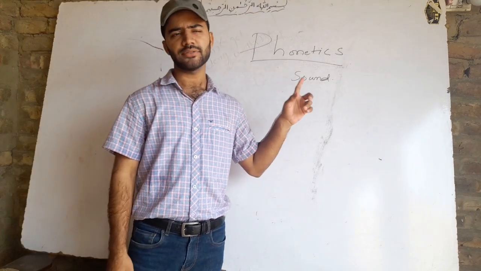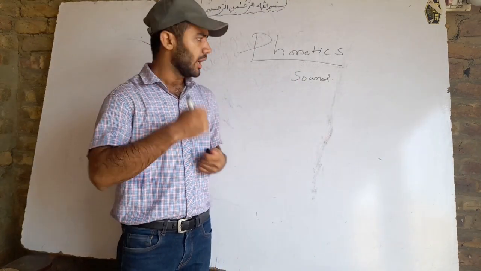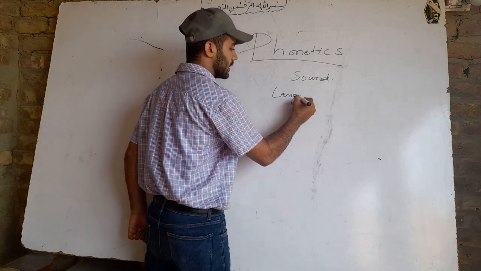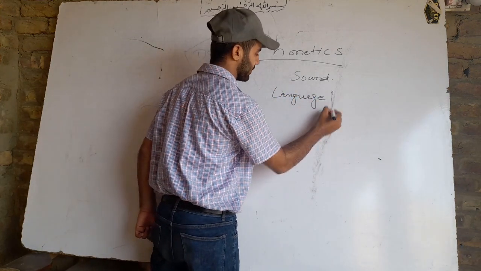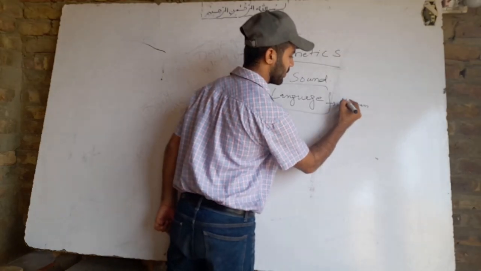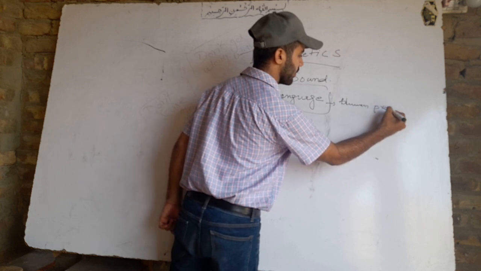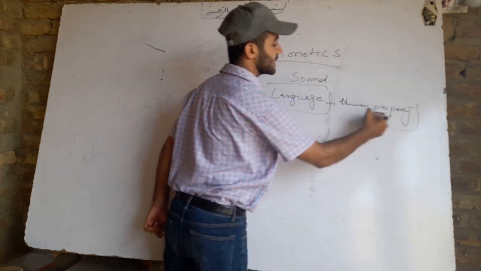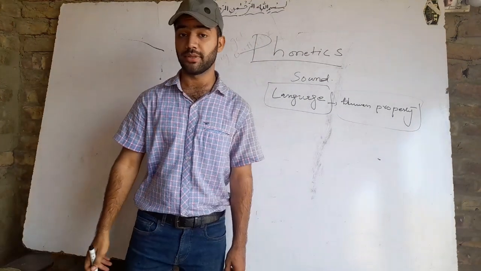If you remember in our last video, we had discussed that in language, language is only a humanoid property. And that is the reason that in phonetics, we always study human speech sounds.